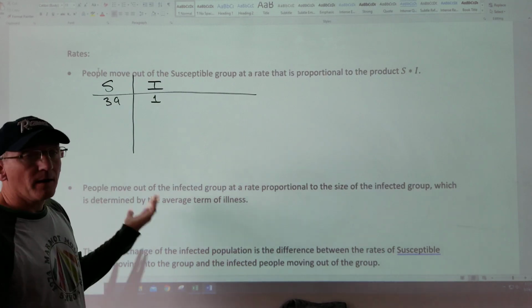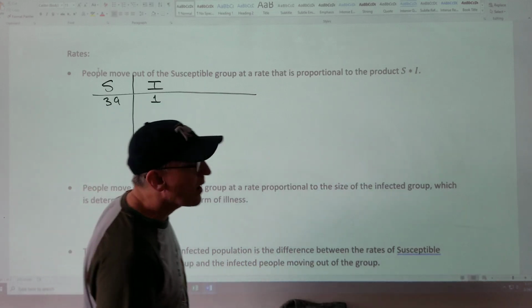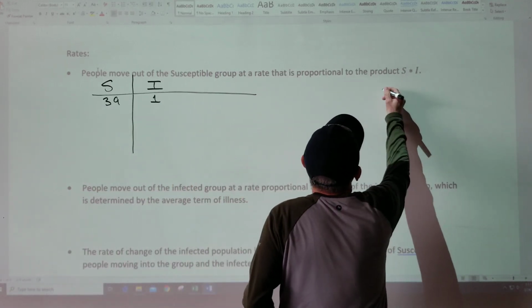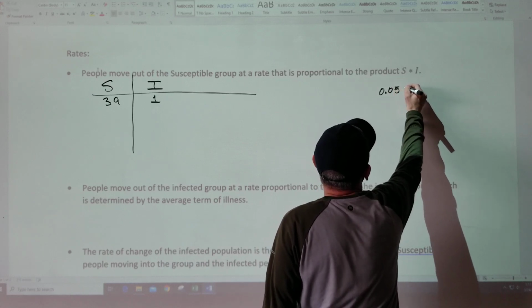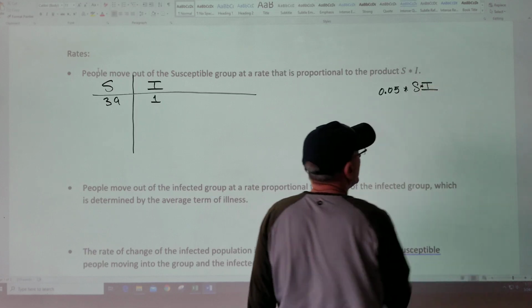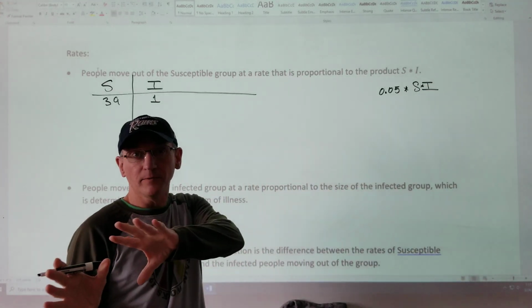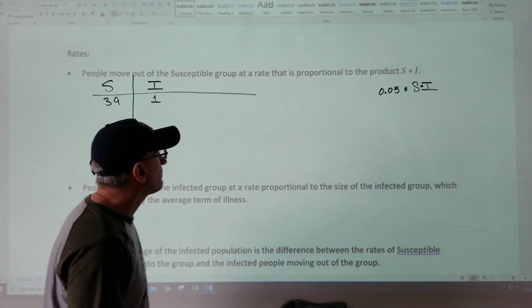I'm just going to make up a ratio here and say that it's 5%. Probably way too high. So the idea would be that if you had 5%, or 0.05 in decimal, times the product SI, you would be able to compute the rate of change of transfer from susceptible people to infected people.